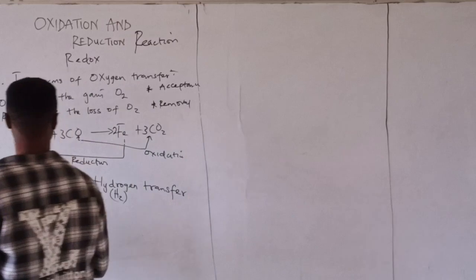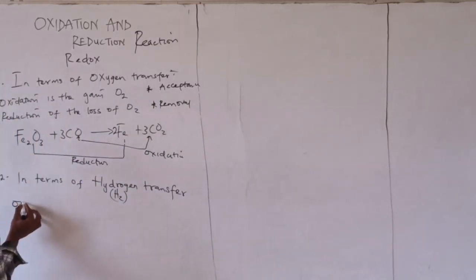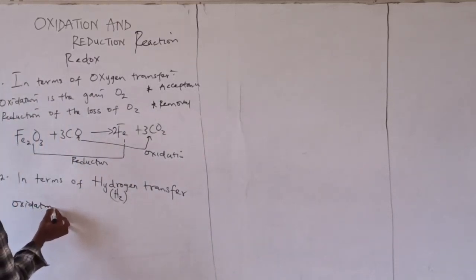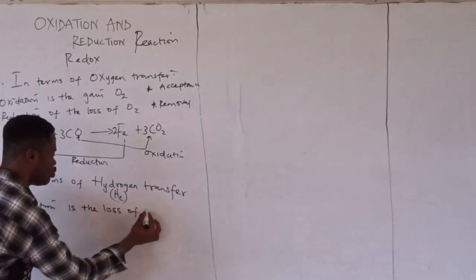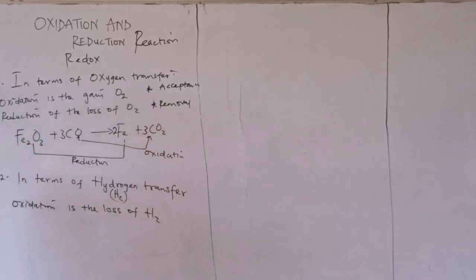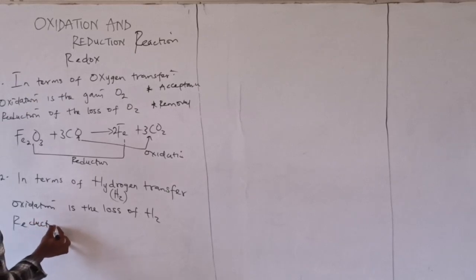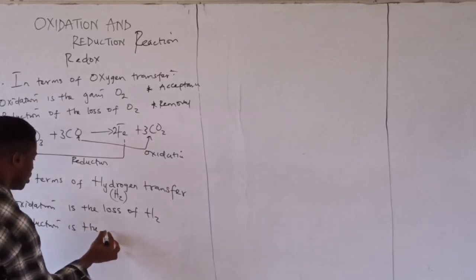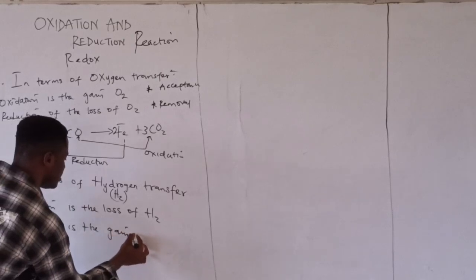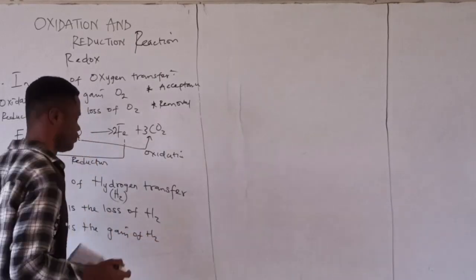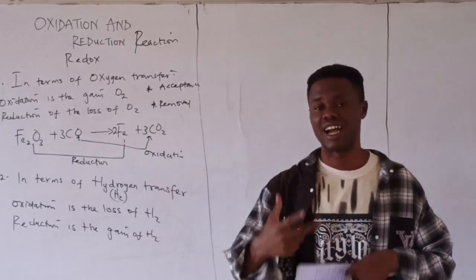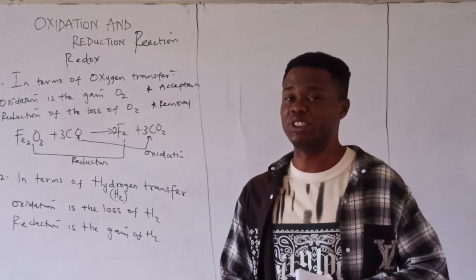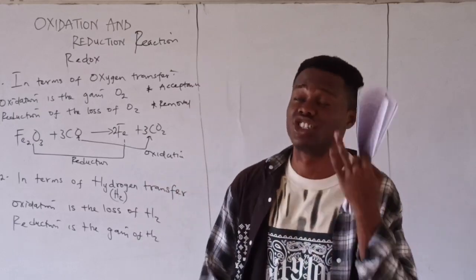So in terms of hydrogen transfer, oxidation is the loss of hydrogen, while reduction is the gain of hydrogen. The difference between oxygen and hydrogen is that they are opposites in the definition of reduction and oxidation.